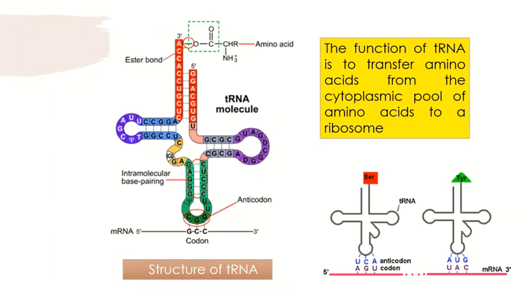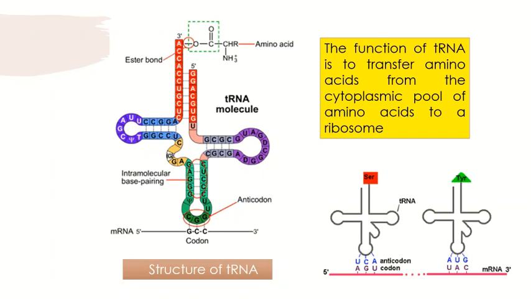So basically, if you have a single mRNA wandering around in the cytoplasm with the AGU codon, the tRNA that will come and bind to the AGU is the one carrying the amino acid serine. The anticodon that can attach to that AGU codon is UCA.